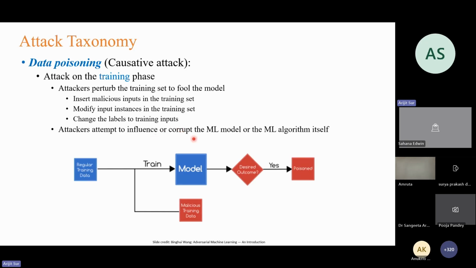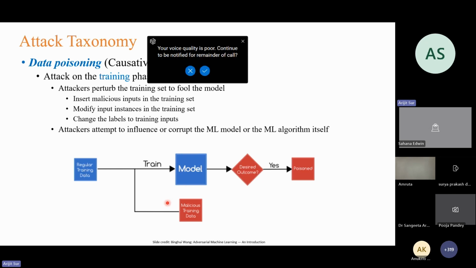These attacks attempt to influence the ML model or the ML algorithm itself. They put the malicious training data in so that they can get their intended attack.